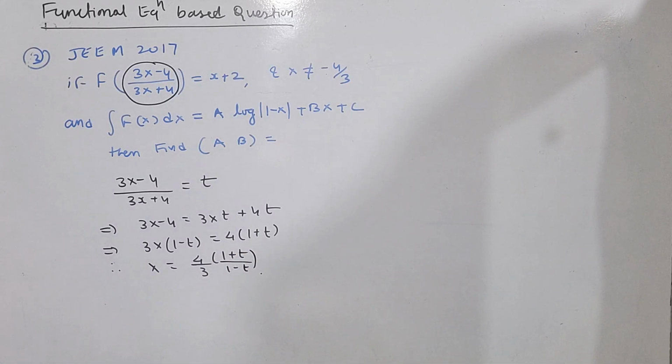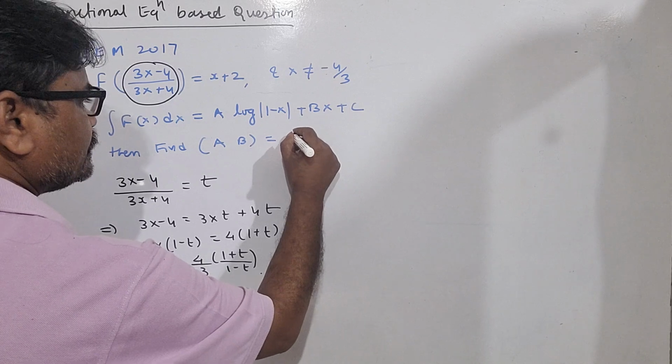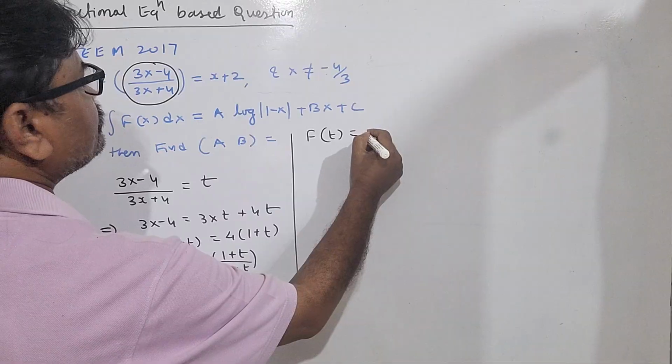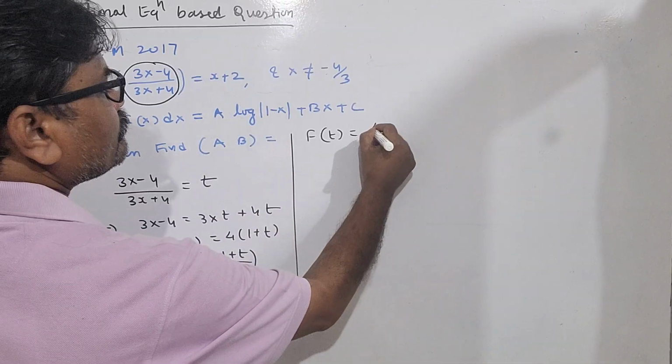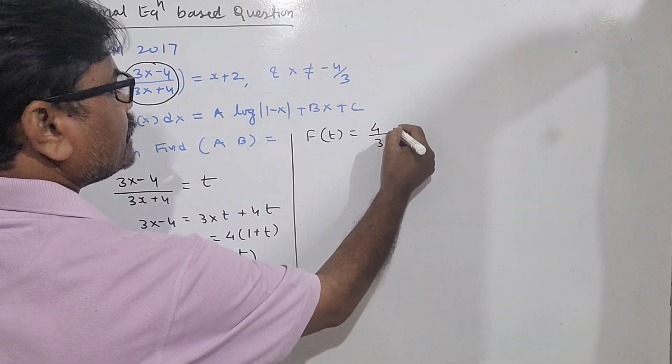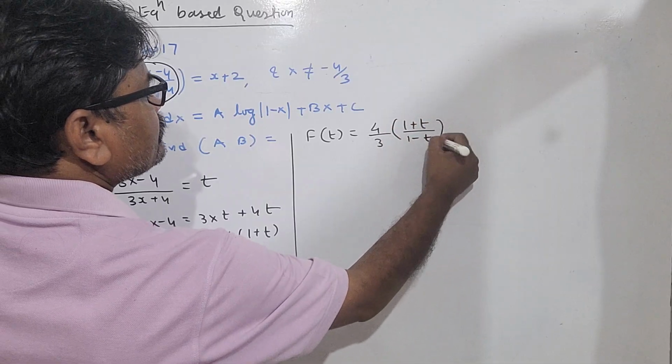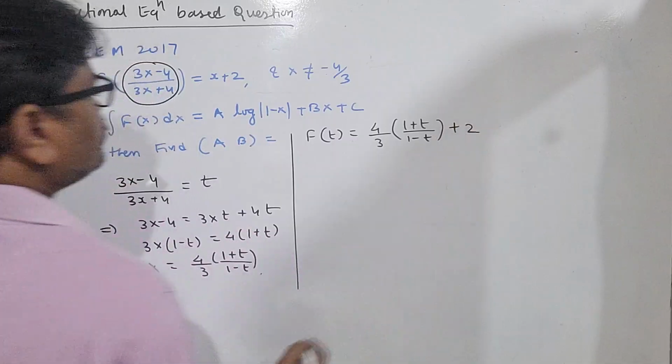This is your x in terms of t. So therefore now this can be written as f of t equal to 4 by 3, (1 plus t) by (1 minus t) plus 2.